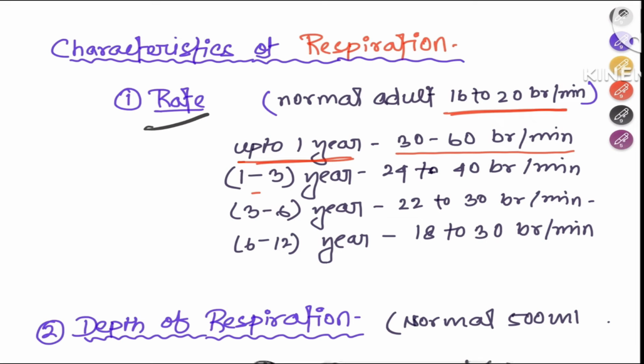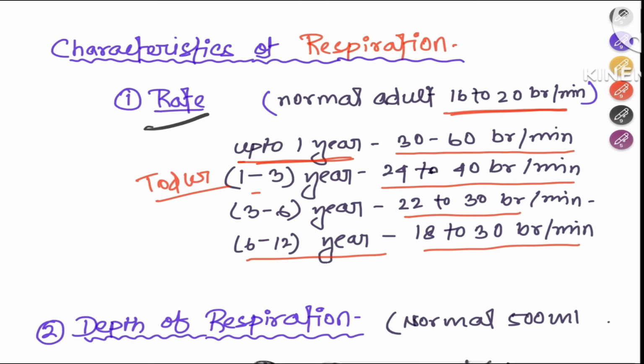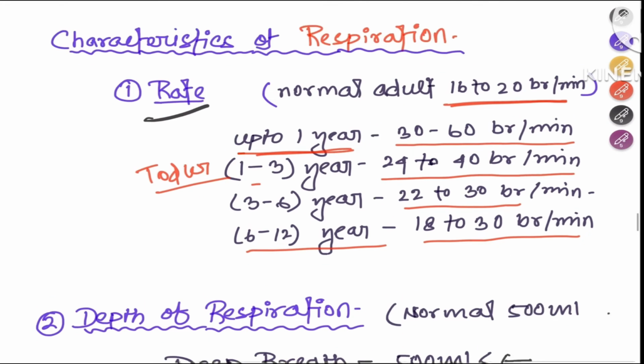For a 1 to 3 year child, a toddler, it is 24 to 40 breaths per minute. For 3 to 6 years, it's 22 to 30 breaths per minute. For 6 to 12 years, it's 18 to 30 breaths per minute. So these are the respiration rates. In the next video, we will see any alterations, any increase or decrease in respiration rate, and what complications can occur.